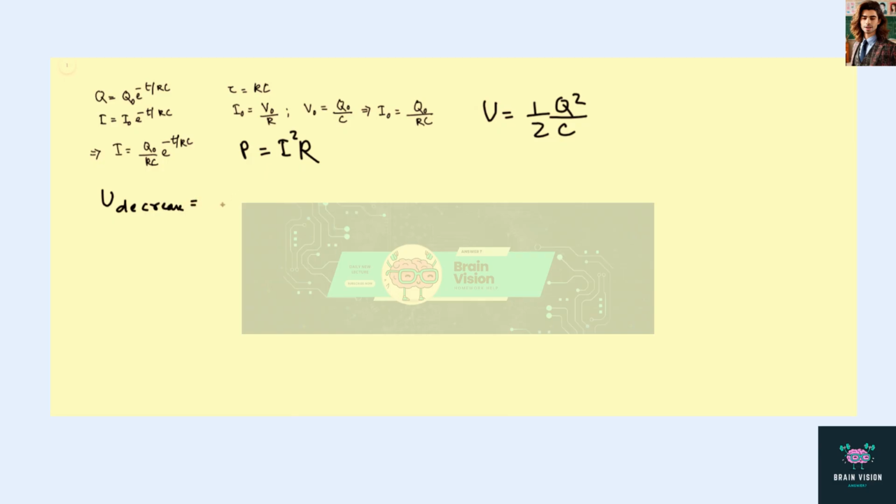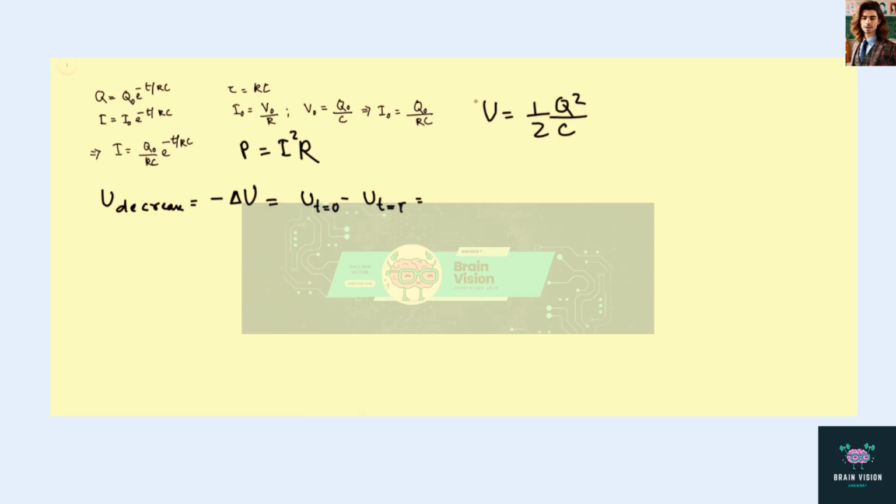Okay, now let's find the decrease in potential energy. If del U is the change, negative del U is the decrease in potential energy. Here we have t equal to 0 and then t equal to tau for both the initial and final.